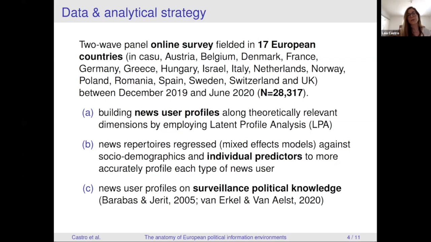Then we try to regress these news user profiles that we found against sociodemographic and individual predictors to better profile such news repertoires and find out more about these news users. And finally, we try to connect different news user profiles to levels of so-called surveillance political knowledge.